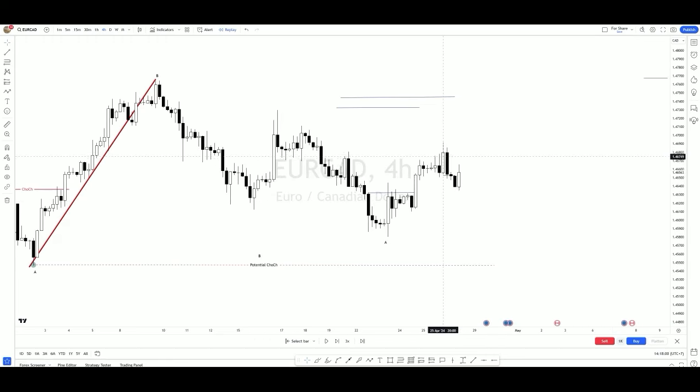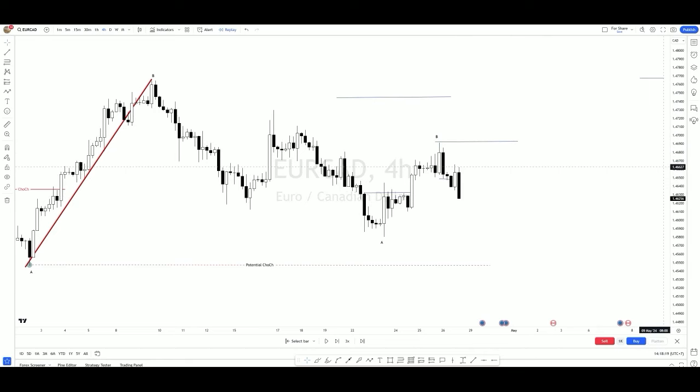Now I have a new high bullish candle over here and it is broken, so this candle over here is B. For C, I want the high of B to be broken by candle body.